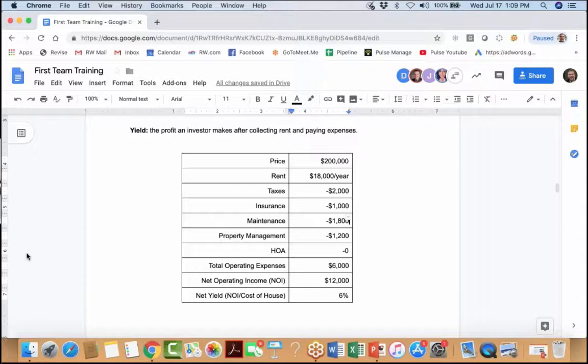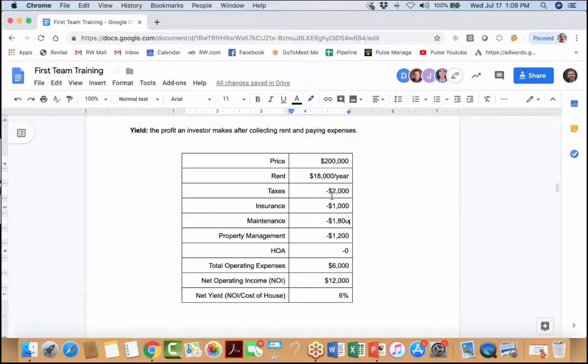So like back to the restaurant analogy, I've got customers coming in, they're buying the food. My expenses are, I pay the rent on the building. I pay my staff. I pay for the food itself, right? The steaks, the raw steaks and the salt and pepper and everything else and the green beans. So I have all these operating expenses to run my business. And when I'm done paying all my operating expenses, I've got my net operating income.